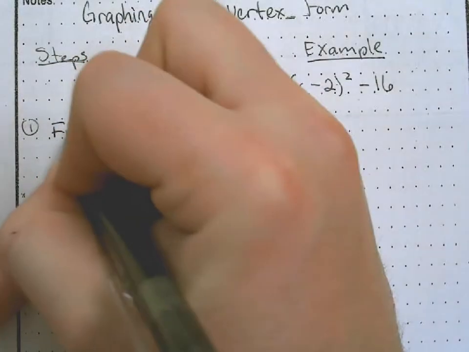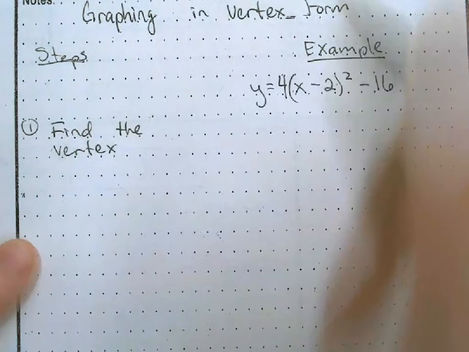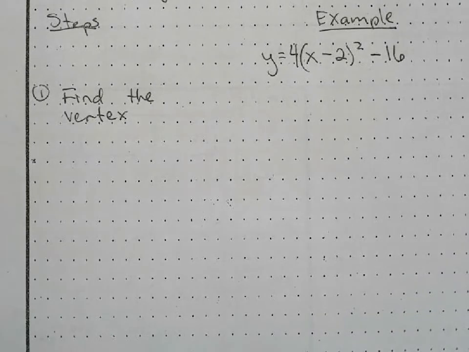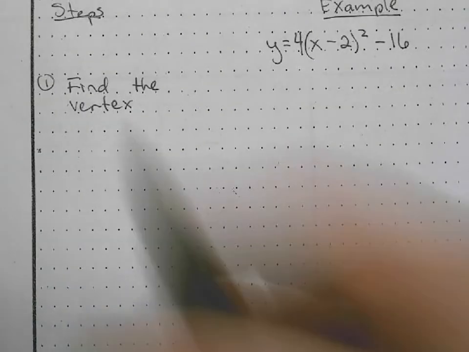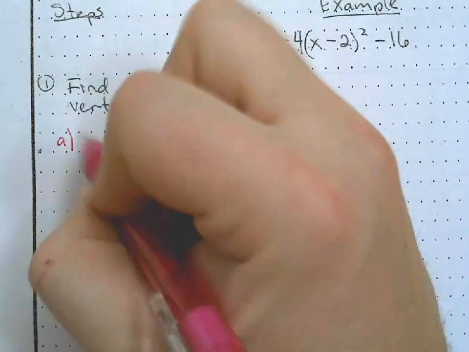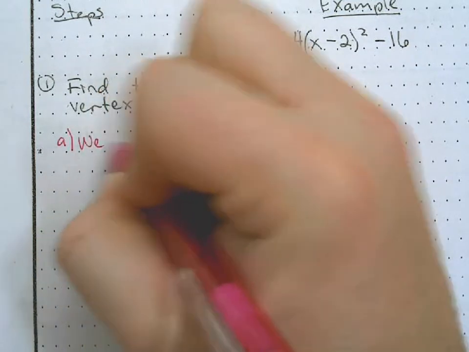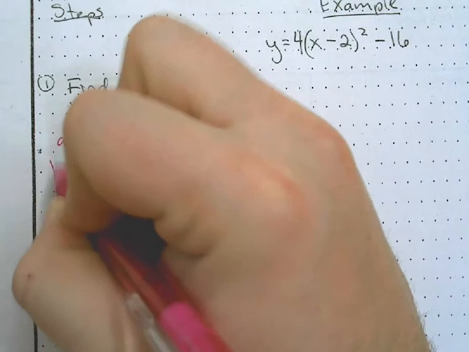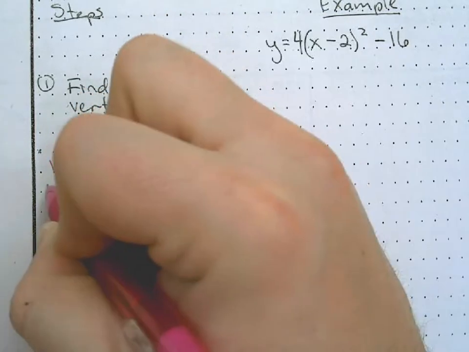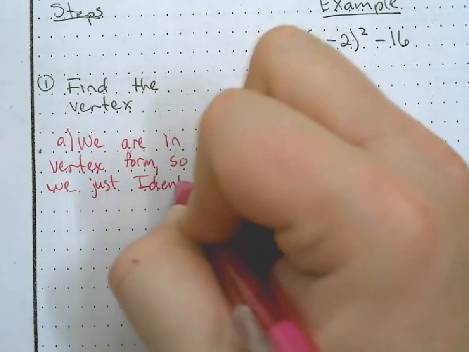Step 1, find the vertex. And we do that by identifying it. So we are in vertex form, so we just identify it.